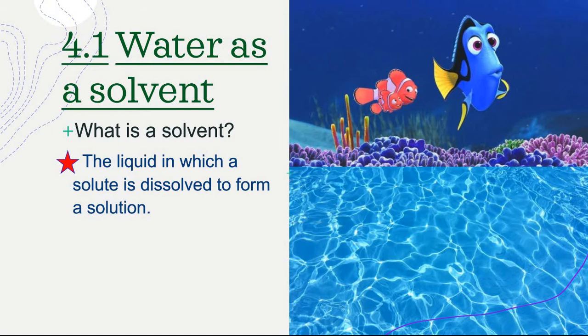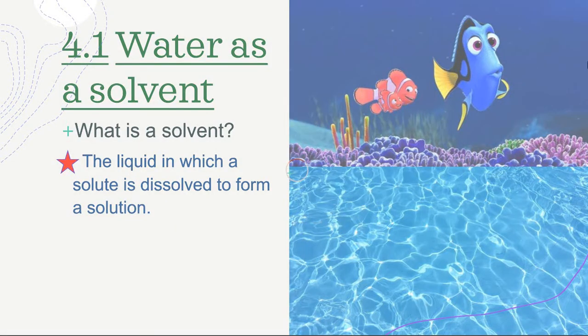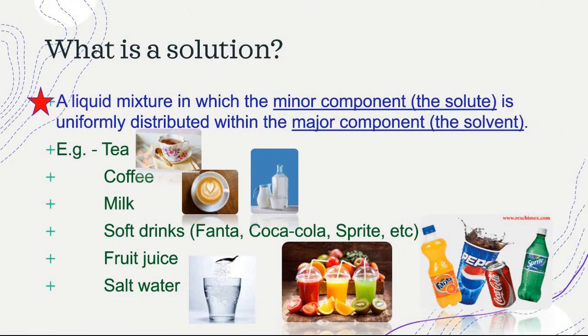Now, I'm pretty sure most of you did not understand what this means, because majority of you have not heard what these terms solute, solution, solvent are. Now, let us see what these terms are. In order to identify them, let us begin by defining what a solution is.